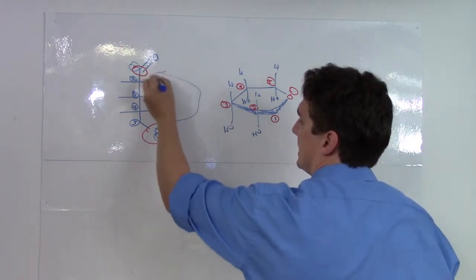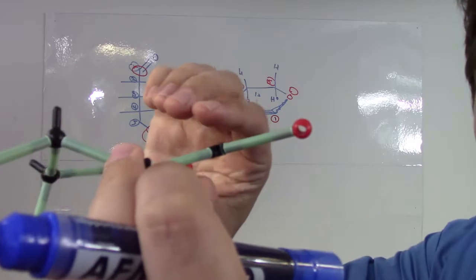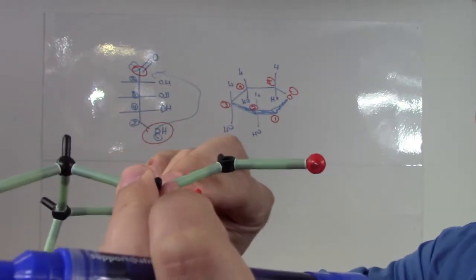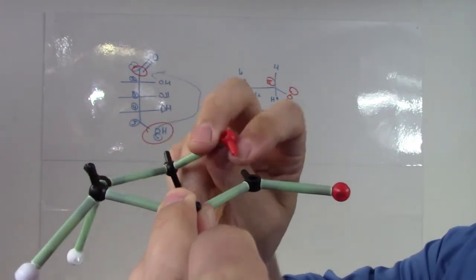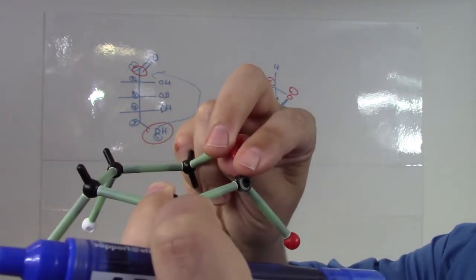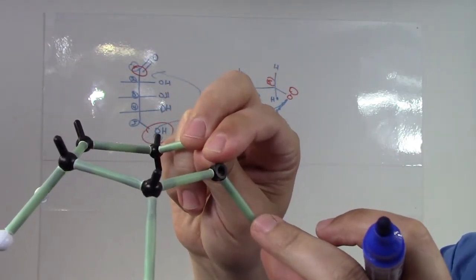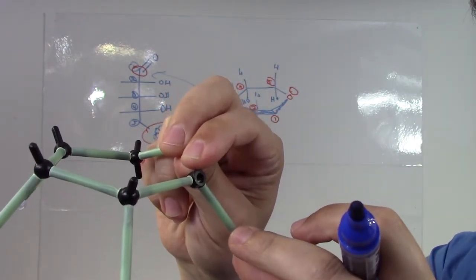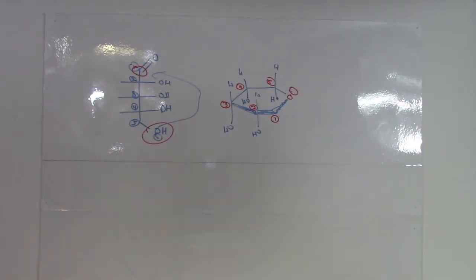Now, when this oxygen attacks, it can attack from either side of the carbonyl. So as I've got it built here, we've got our carbonyl trigonal planar, and the alcohol can go either from the bottom or from the top. If it goes from the bottom, it's going to push our carbonyl oxygen up, and the alcohol is going to go down. Or if it attacks on the other side, it can push it down.